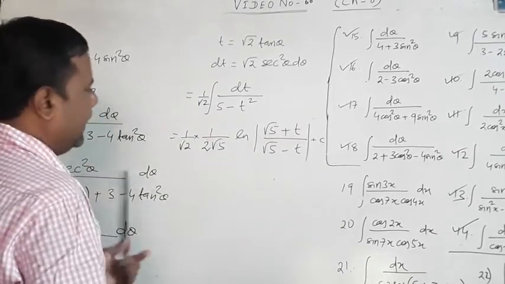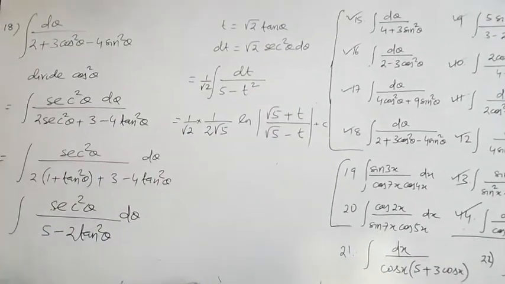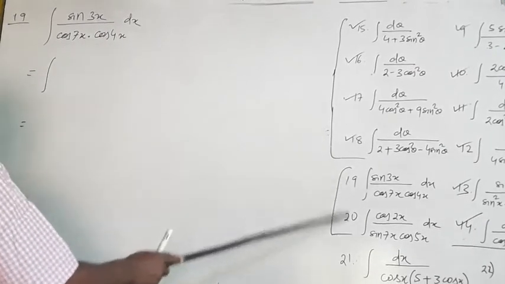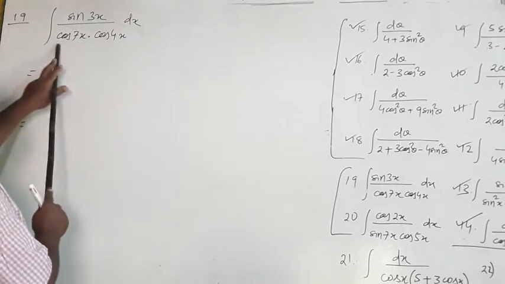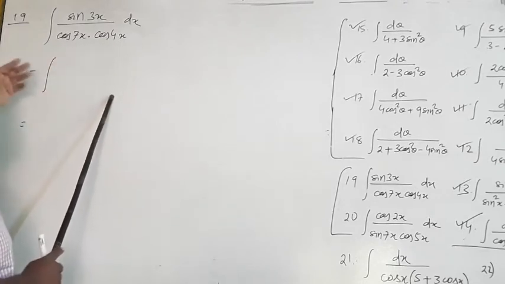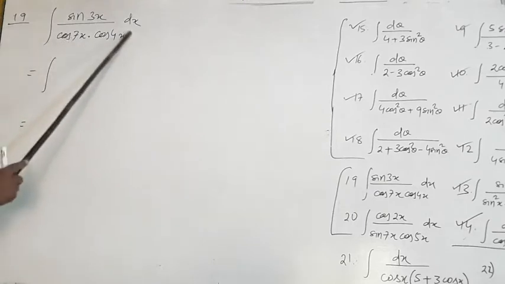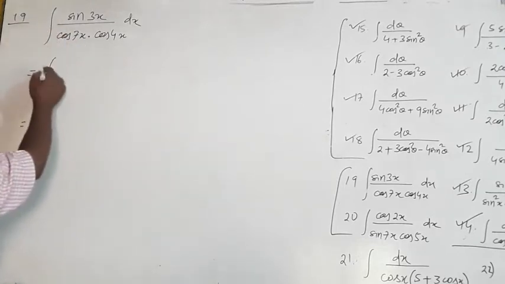Look at number 19 and 20. They are in one method. I will do it. They are very similar. It is 7x and 4x, multiplied. When I ask a student what he will do here, he says, sir, multiply by 2.